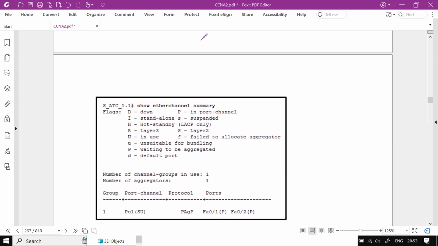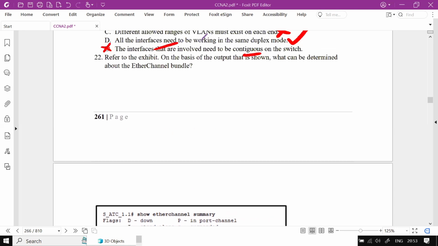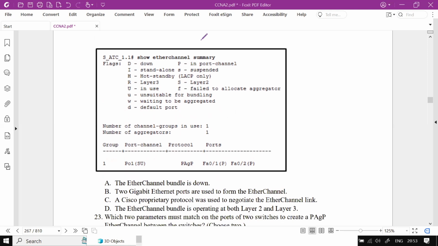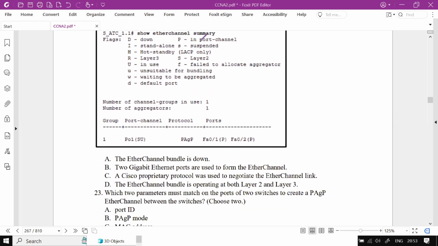So they're asking what can be determined about the EtherChannel bundle. What can be determined from this? What I can see is we're using PAgP. There is an answer coming. C. Yeah, definitely.